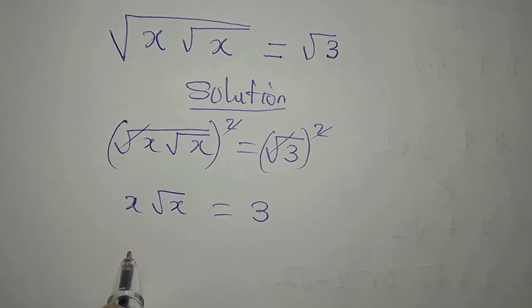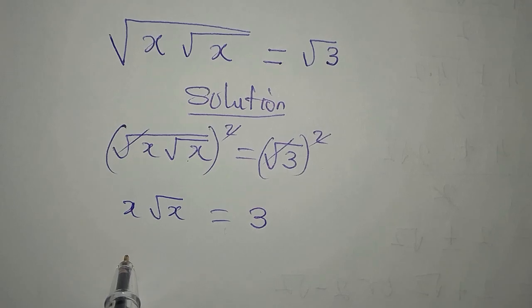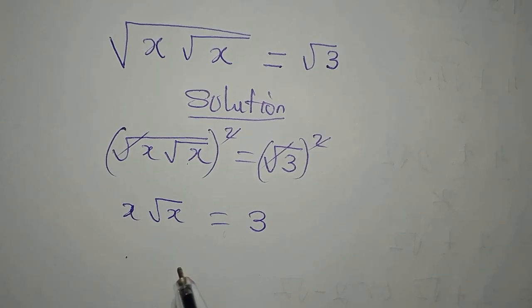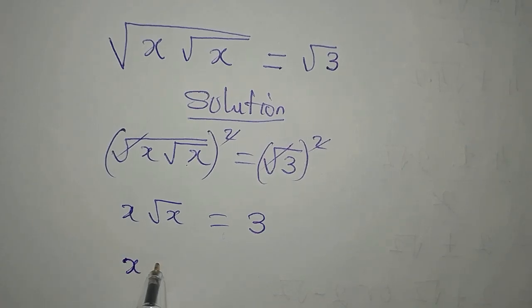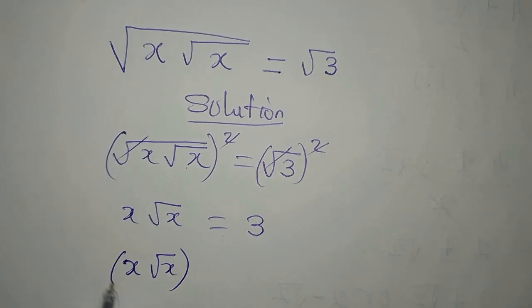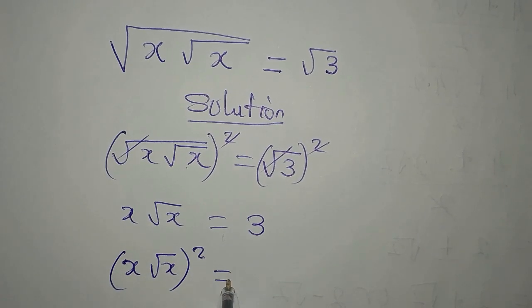Okay, now the next thing is we're going to square both sides again because of the square root here. So we have x square root of x squared being equal to 3 squared.